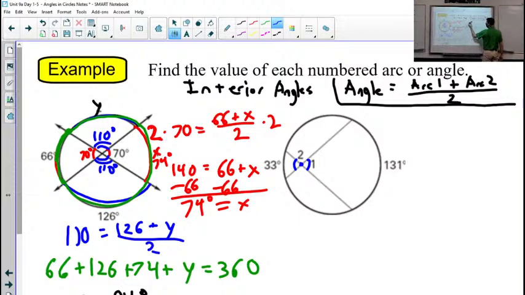This arc starts up here and ends down here. And then this arc from the angle starts here and ends here. So it's the two arcs that are traced out from the angle and the space inside of those two angles.